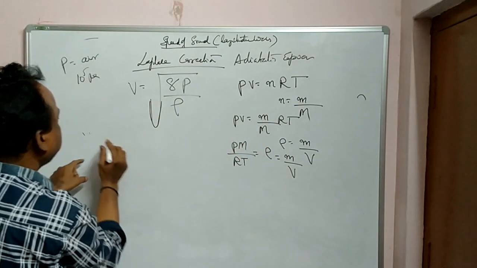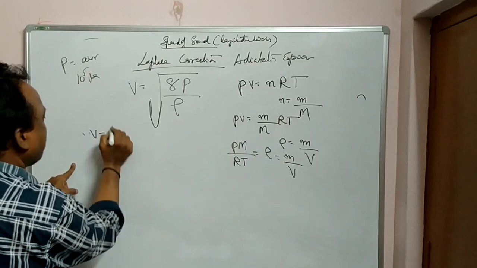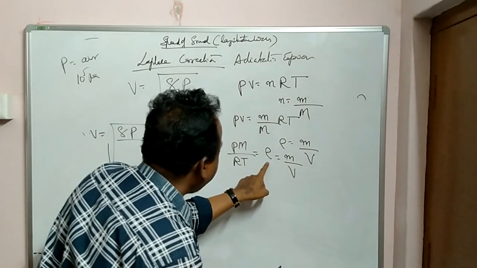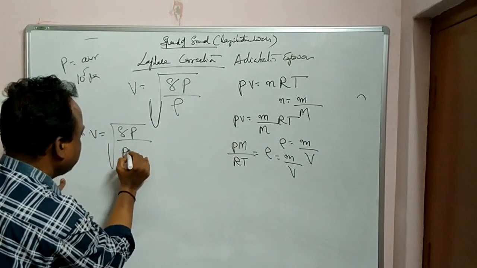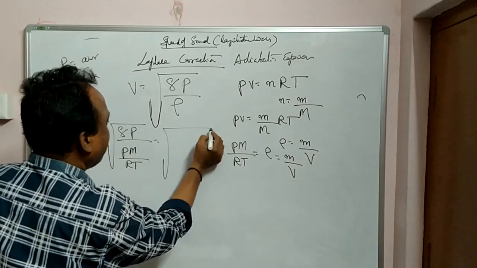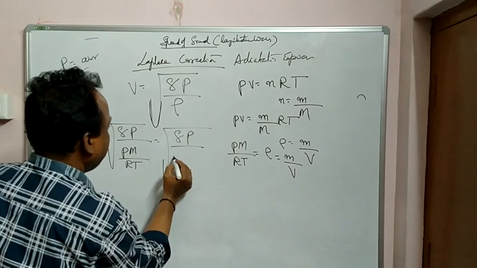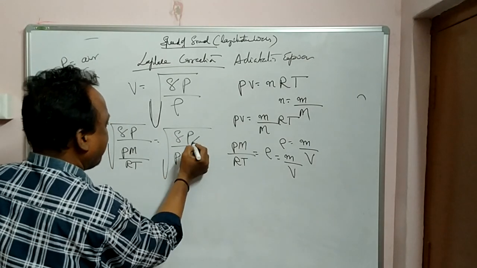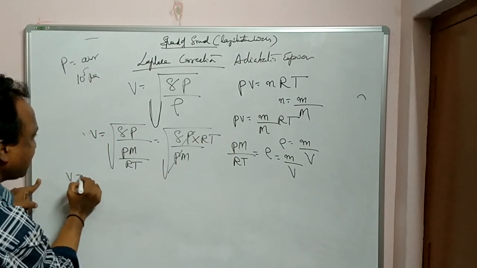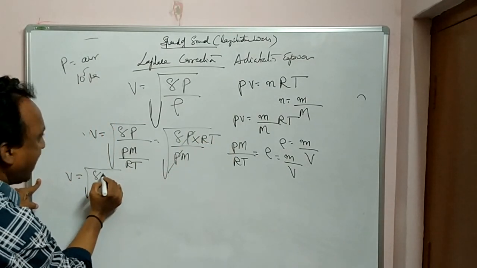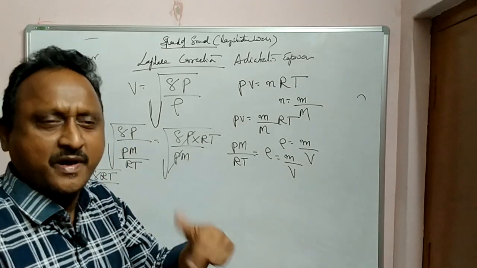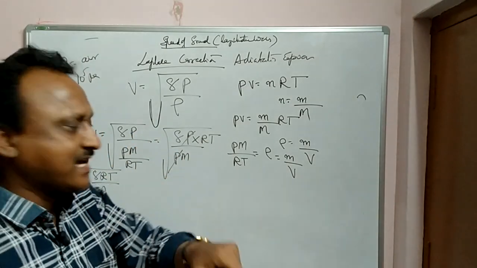So substitute here in the Laplace correction, v is equal to root over gamma P by rho. For density, put PM by RT. That is root over gamma P into RT by PM. P gets cancelled. So velocity is given by root over gamma RT by capital M. Gamma is 1 plus 2 by F, degree of freedom depending upon the gases.